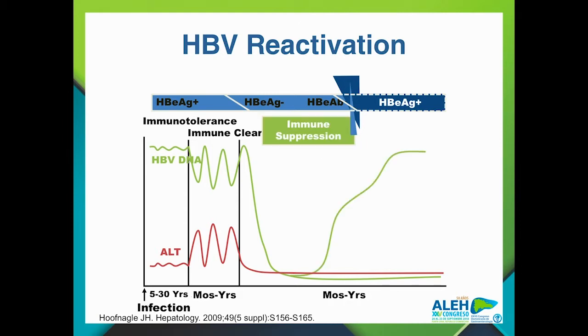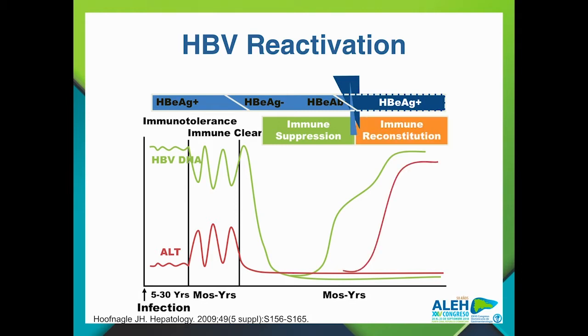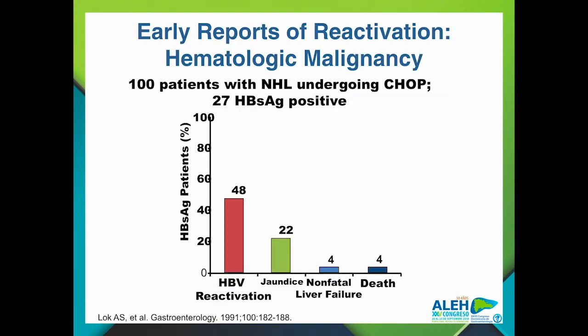Immunosuppression is initiated. The first thing that you're going to see is an elevation in HBV DNA, and then with immune reconstitution, E antigen will become positive if it was negative, and the patient will develop elevated transaminases. And here's where the problem is. So the importance, again, is to try to find this beforehand.